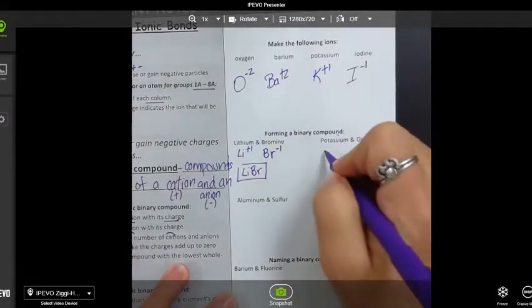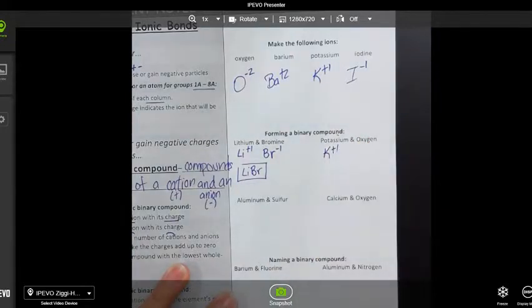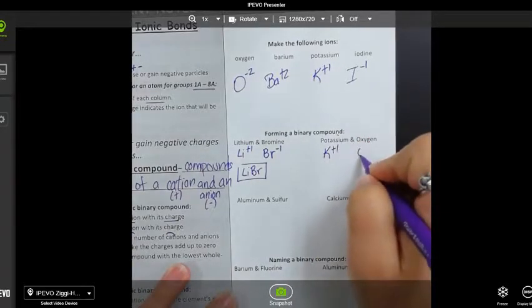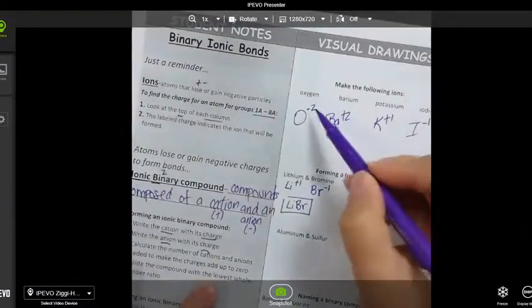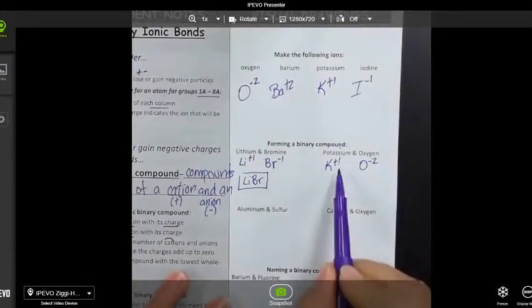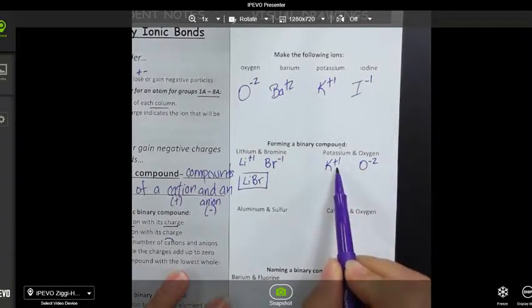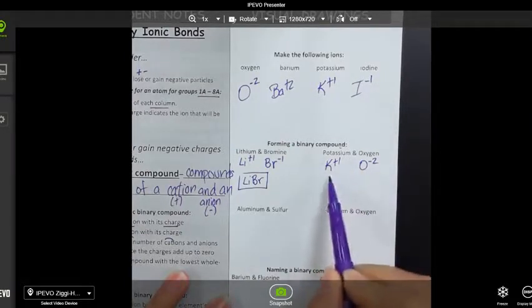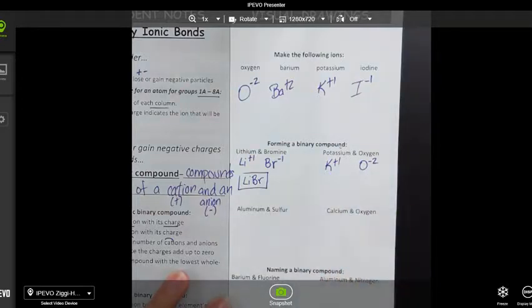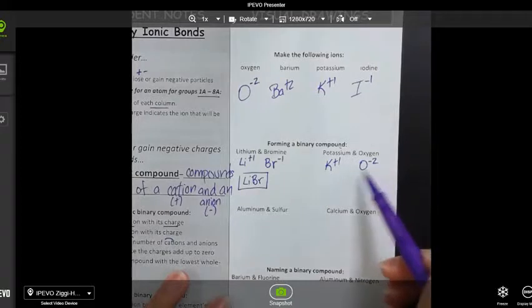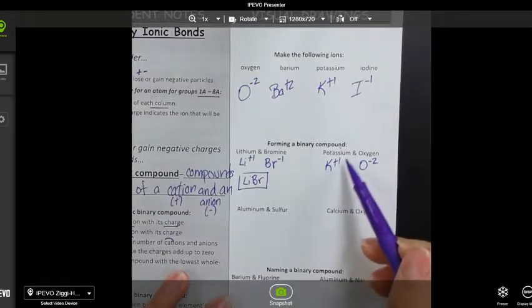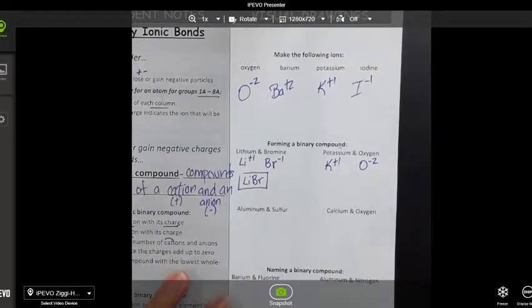Now let's take a look at potassium and oxygen. Potassium is K +1, a member of group 1. Oxygen is O -2, which we already did. Now if I have +1 and -2, do these cancel? No, they don't. I need to figure out which one I need more of in order to get them to cancel. If I have -2 and +1, I'm going to need another positive to cancel out my negative.